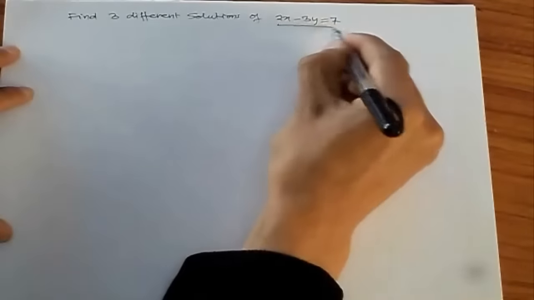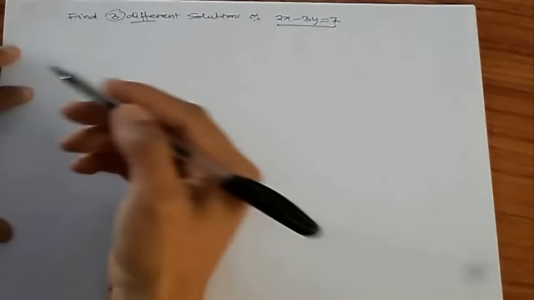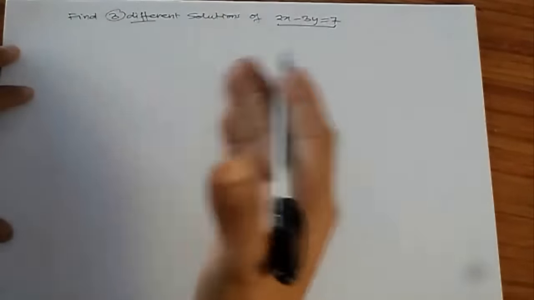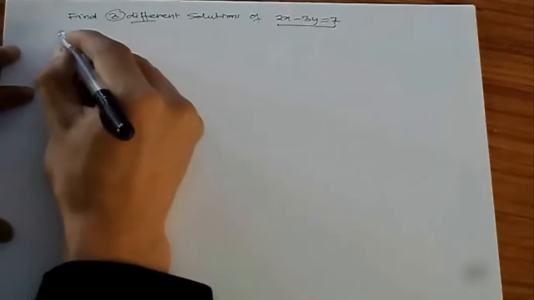This is a linear equation in two variables, and we have to find three different solutions. Finding a solution is very easy, and the procedure is repeated each time.